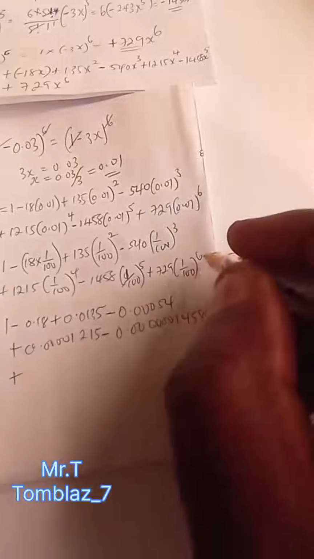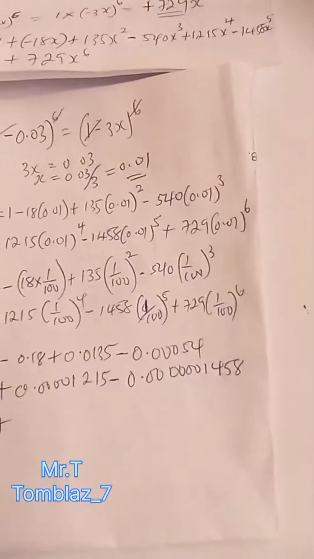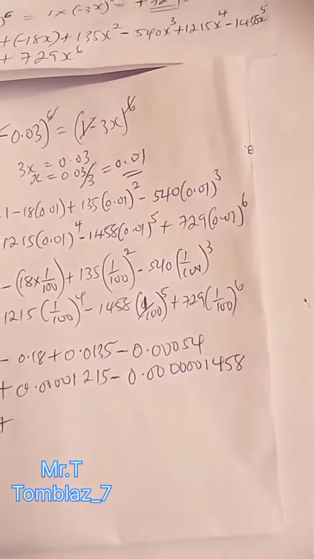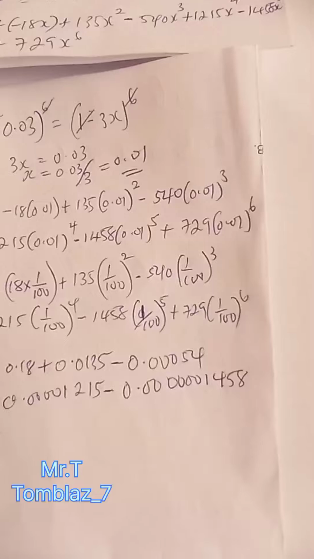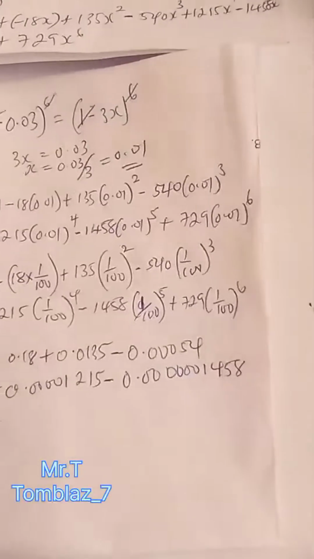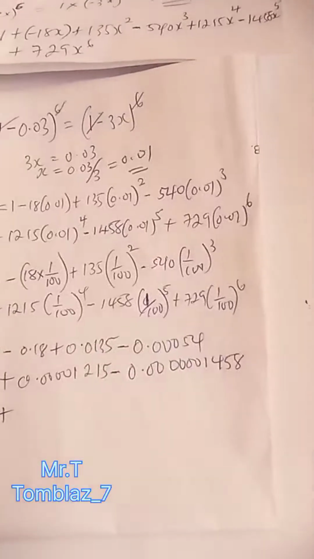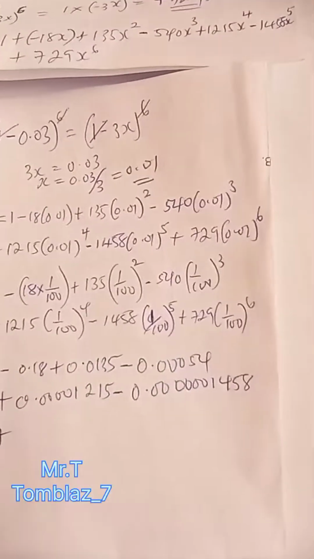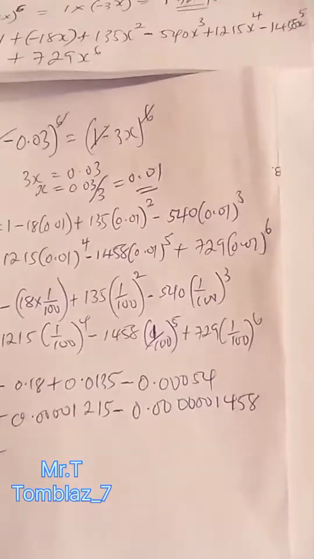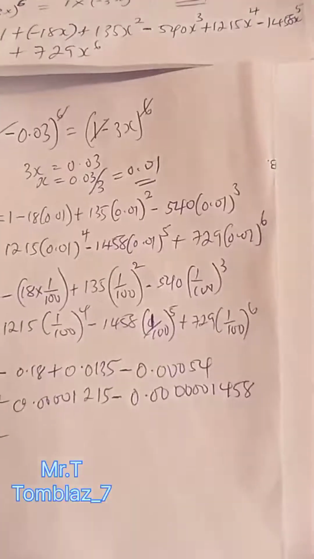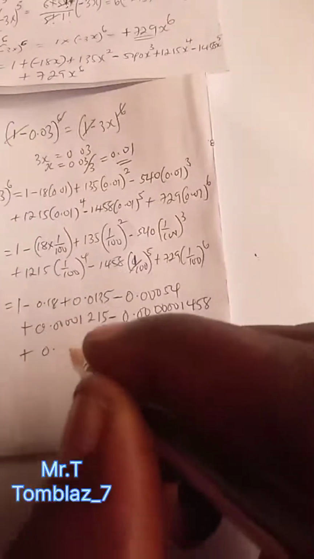Then the last but not the least is addition. We'll take this value raised to the power of 6 and multiply by the coefficient, which is that value. So we have this value raised to the power of 6 times the coefficient, which is 729. So we're going to be having 900 point.